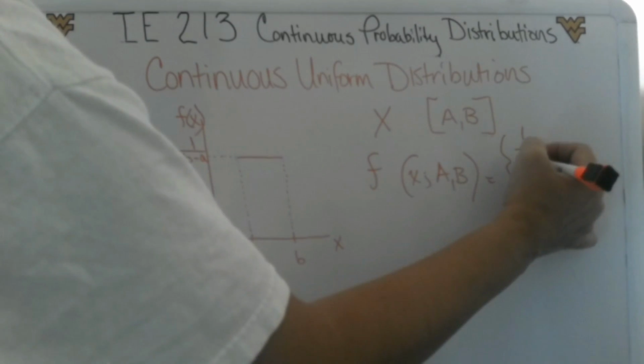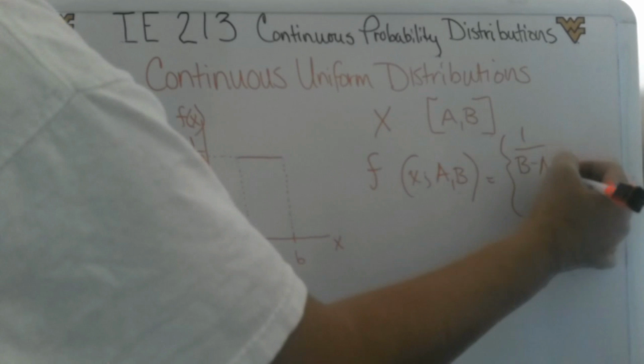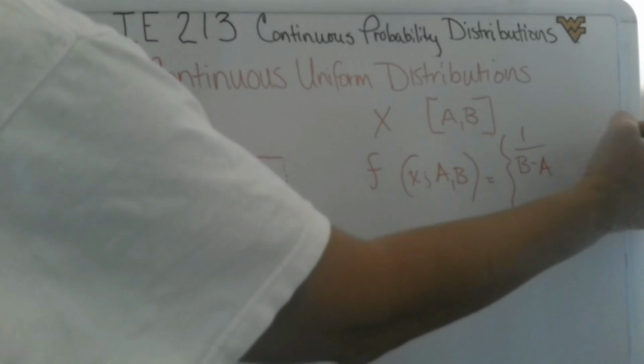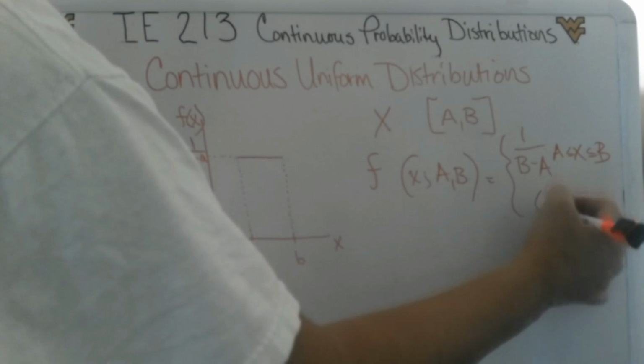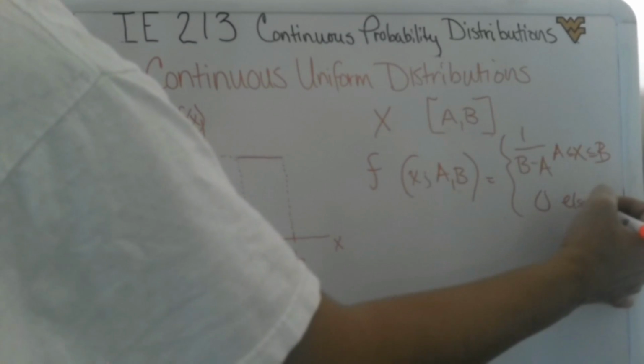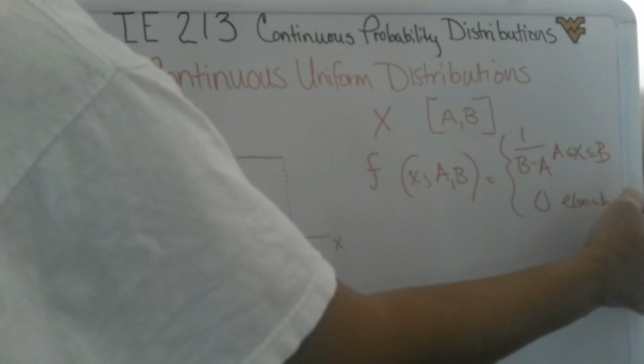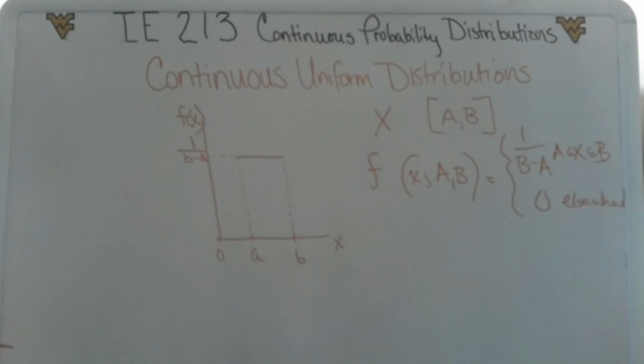1 over b minus a for x between a and b, and then 0 everywhere else. So it has a flat density function.